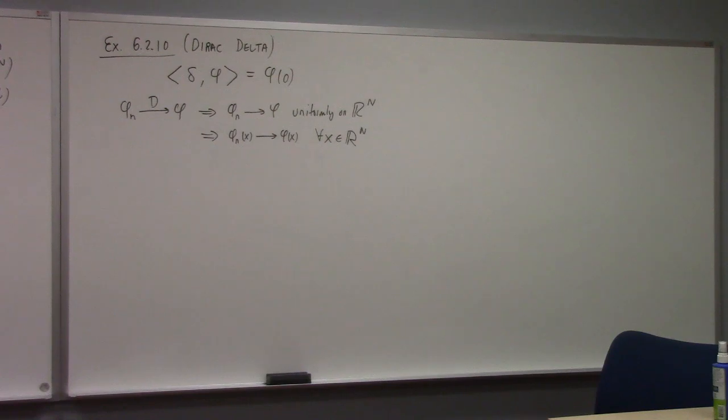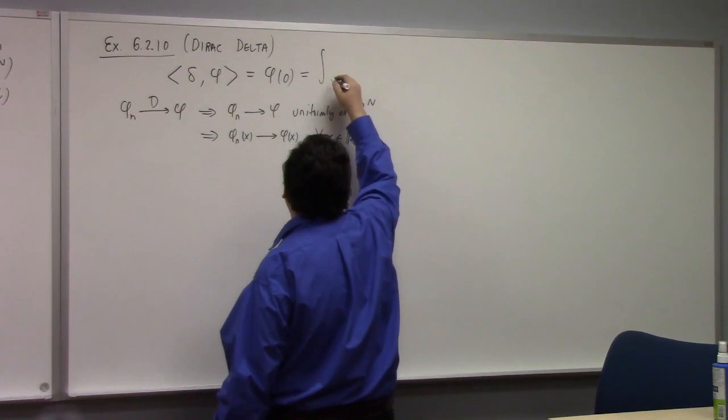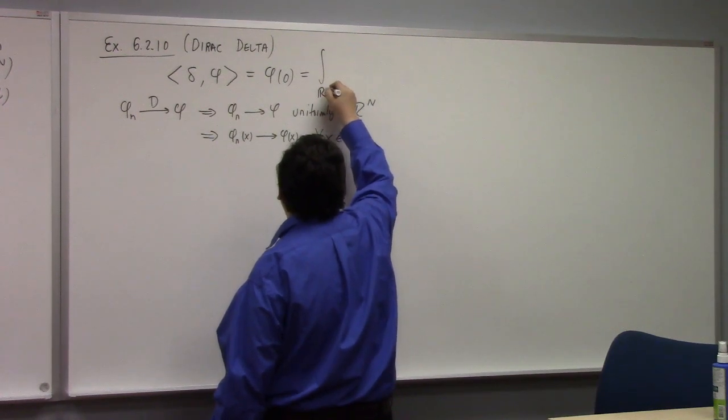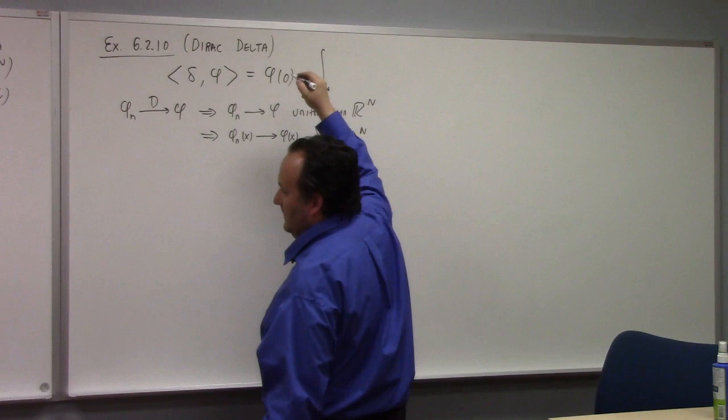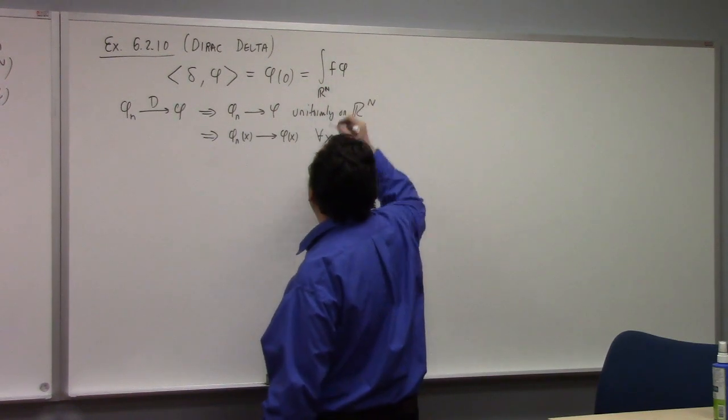To see that it's a singular distribution, I guess it's just a matter of, well, by definition, since you're evaluating at 0, you'd have to prove that there does not exist a function f. In principle, you'd have to say, suppose this is equal to the integral over Rn of some function f times phi.